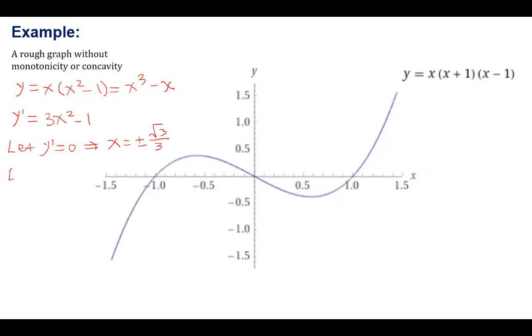Okay, then let's let the first derivative be greater than 0, and this gives us x is either greater than square root of 3 over 3, or x is less than negative square root of 3 over 3, right?